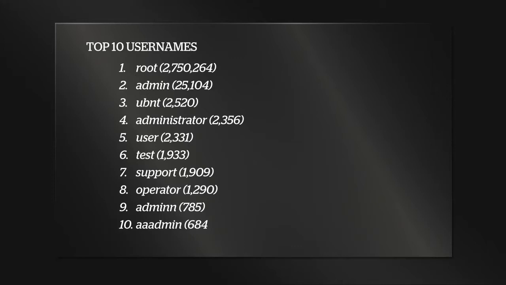And third on the list was another order of magnitude, or no, that was 2 orders of magnitude smaller. The third one was another order of magnitude smaller than that, and that was UBNT. And then administrator, user were all in that same range. So by several orders of magnitude, the most attempted username was root.